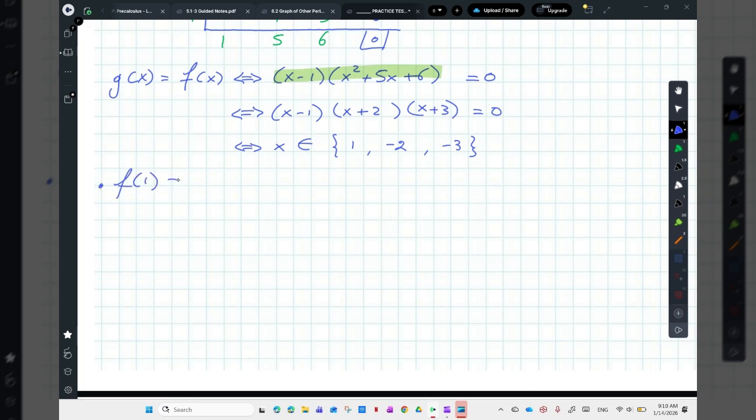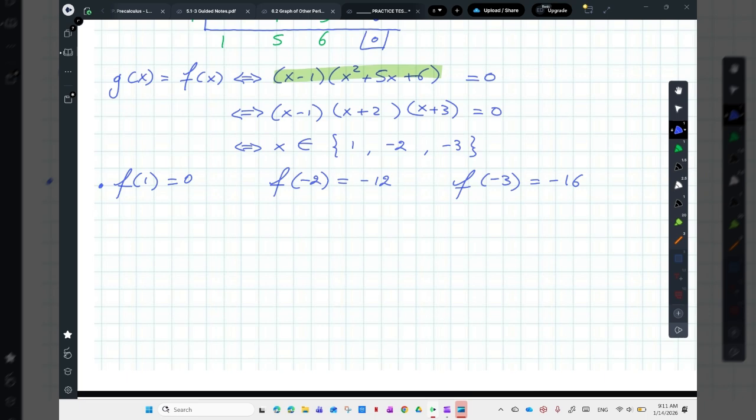F of 1 would be equal to 4 minus 4 is 0. F of negative 2, negative 2 times 4 is negative 8, minus 4 is negative 12. And f of negative 3, 4 times negative 3 is negative 12, minus 4 is negative 16. And therefore, the intersects will have those coordinates.